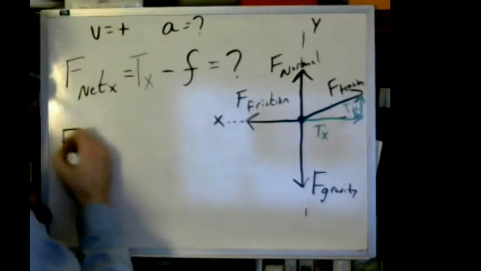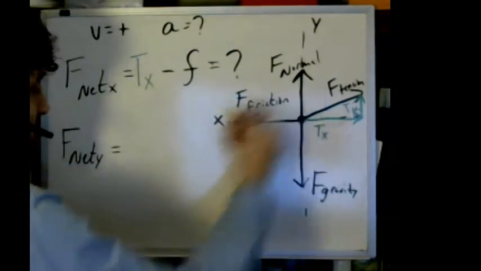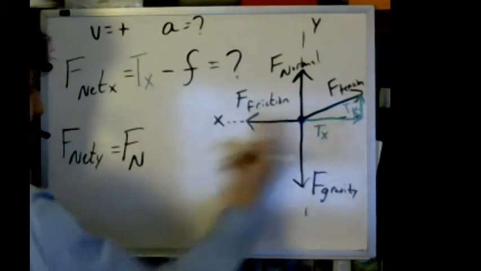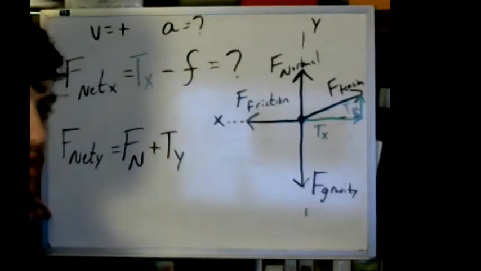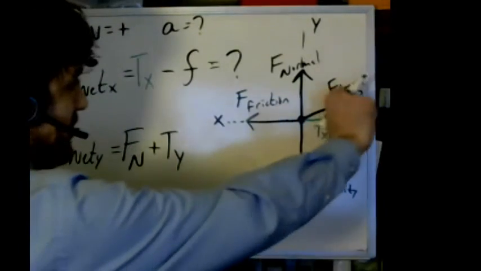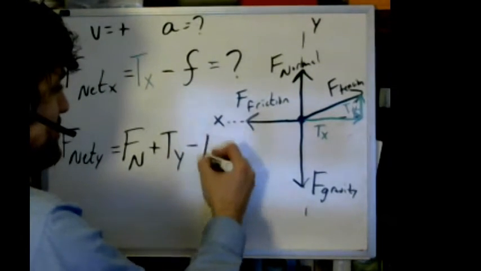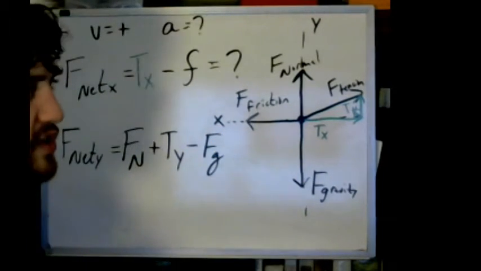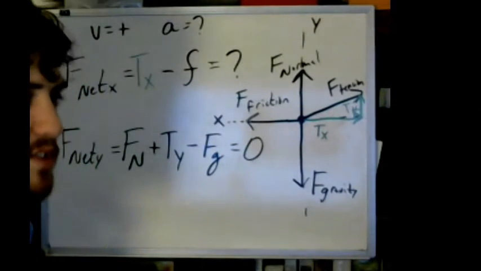In the y direction, we have three forces. We have the normal force, up. We also have this component of the tension. The tension is a little bit pulling up, so we indicate that here, minus the force of gravity, which is pulling down. In this case, we do know that this has to be equal to 0.